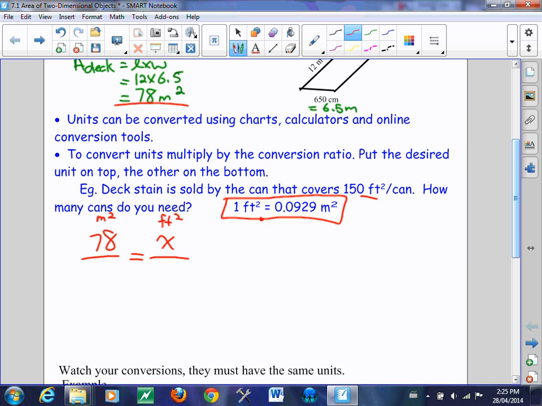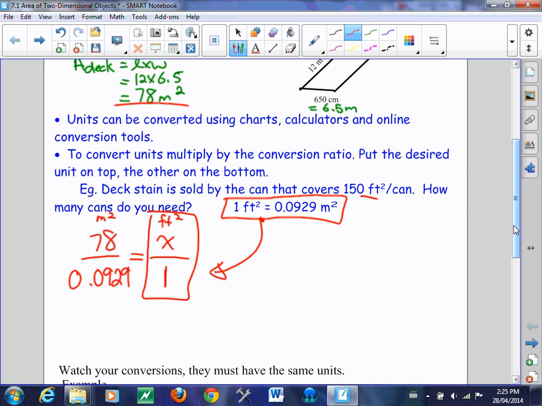Then we use the conversion and fill in the bottom part, and you've got to match it up. First of all, it says 1 foot squared, so it's going to go under the foot column, meaning this area here. The next is the meters squared, so that ratio goes right here. There's two ways you can do this, ladies and gentlemen.